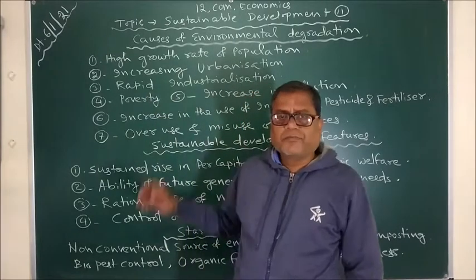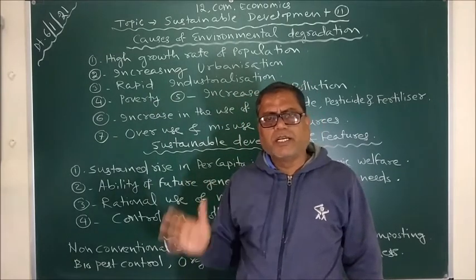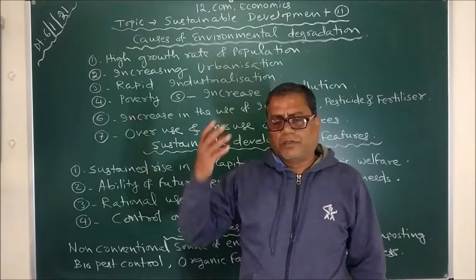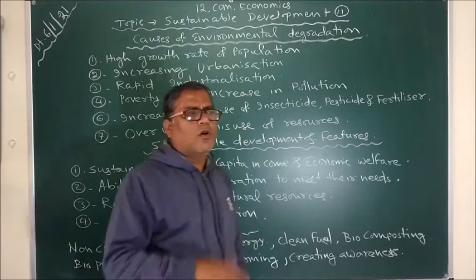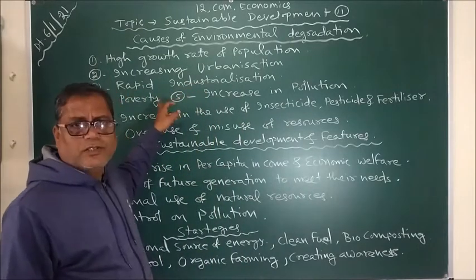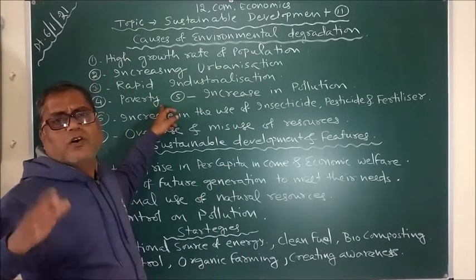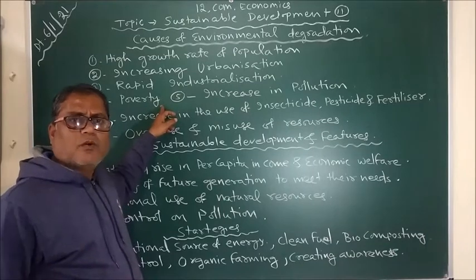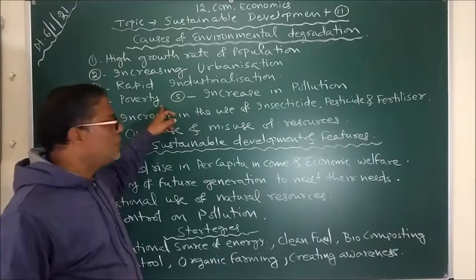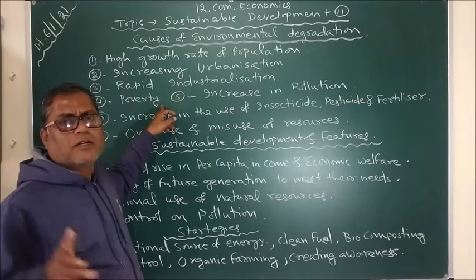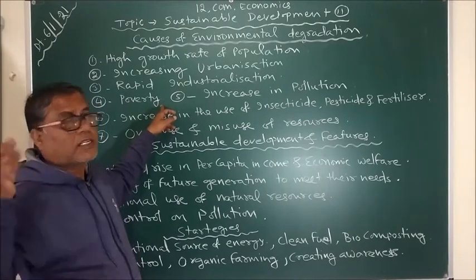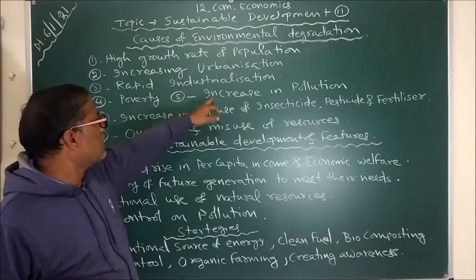So obviously their standard of living is very low, their economic condition is very low, and in such a case they cannot afford costly things. Hence, what would they do? They would use firewood as fuel, and more cutting of trees is yet another reason of environmental degradation.